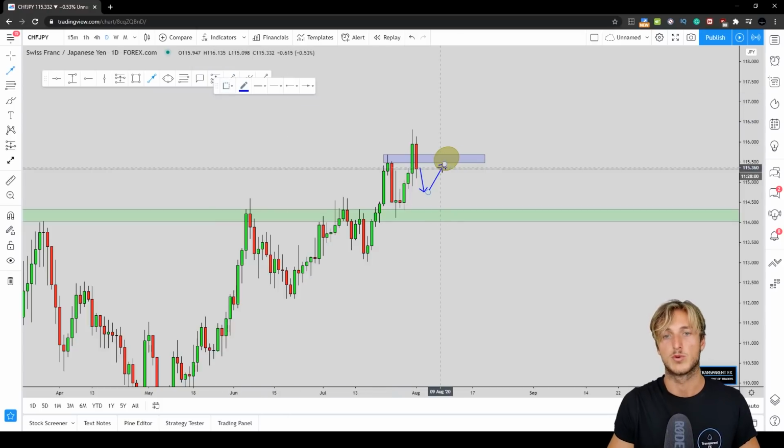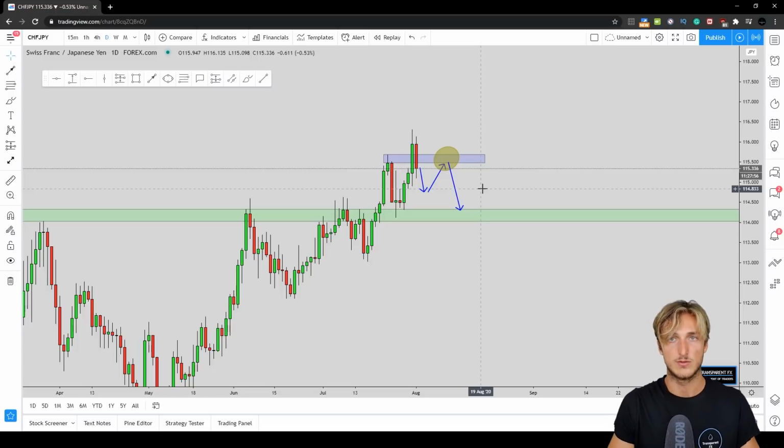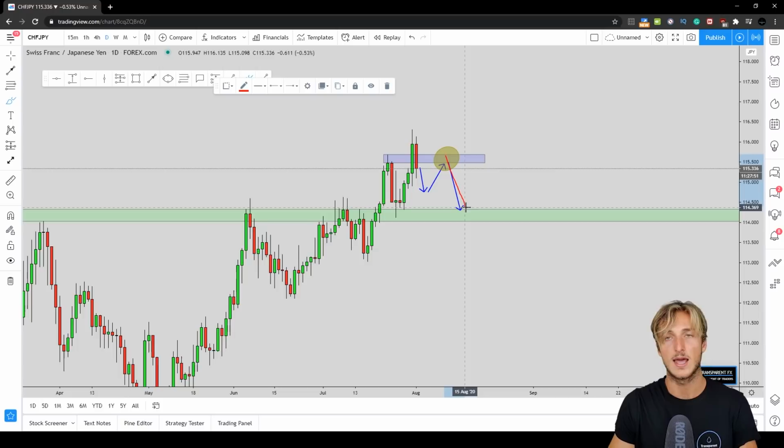And as soon as the market provides one of our valid entries inside of this area, we will be taking a nice short with a very good risk to reward and probabilities for the move to the downside and for the market to go and test that weekly structure.